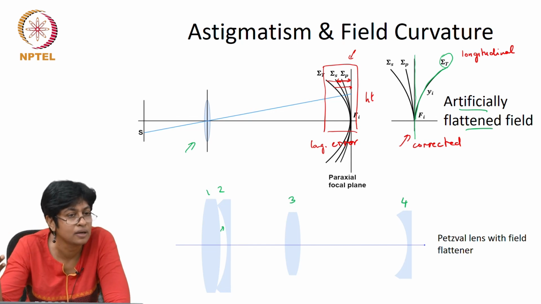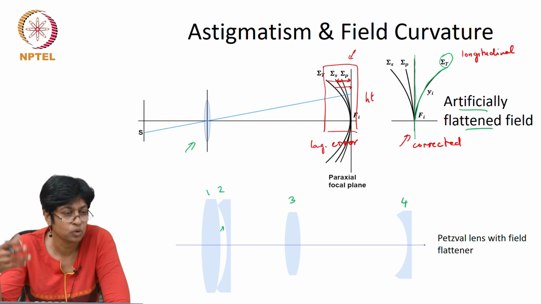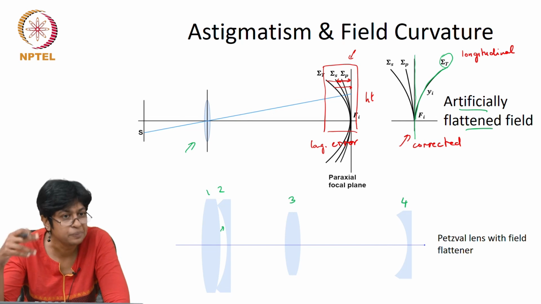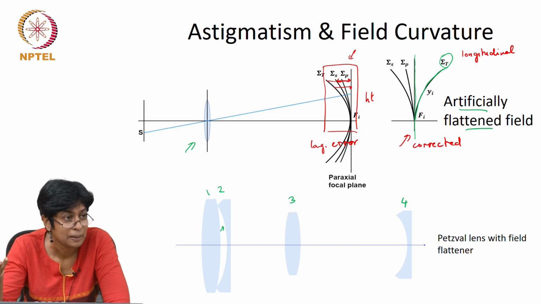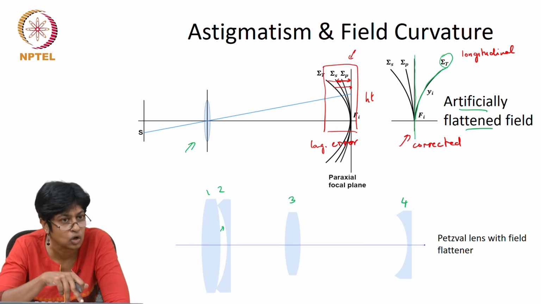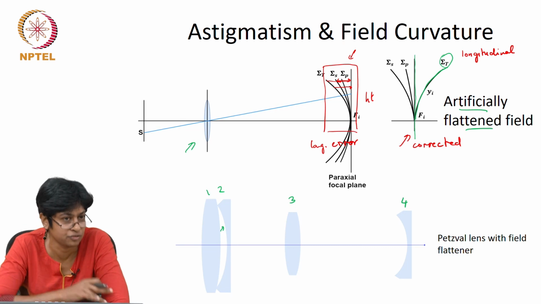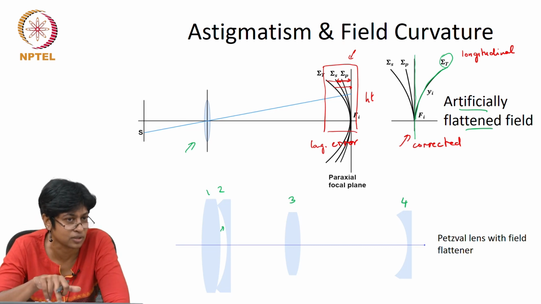If it's a simple lab demo or school exercise, you're not going to worry about flattening the whole field. But people who are using it for medical diagnostics or studying biological phenomena, you will pay lakhs of rupees for an objective because it's been designed with the optics that will actually flatten the field. That means on your flat screen, you get everything in focus. Okay?